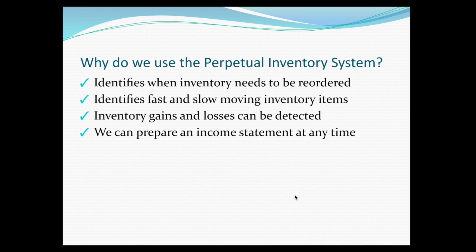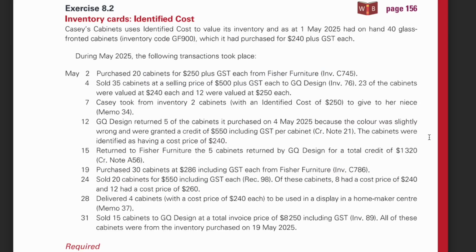Right, so based on the content we learned, we have a practice question. Exercise 8.2, we're looking at inventory cards with identified cost. Casey's Cabinets uses identified cost to value its inventory, and as of the 1st of May 2025, had on hand 40 glass-fronted cabinets with the inventory code GF900, which it had purchased for $240 plus GST each.